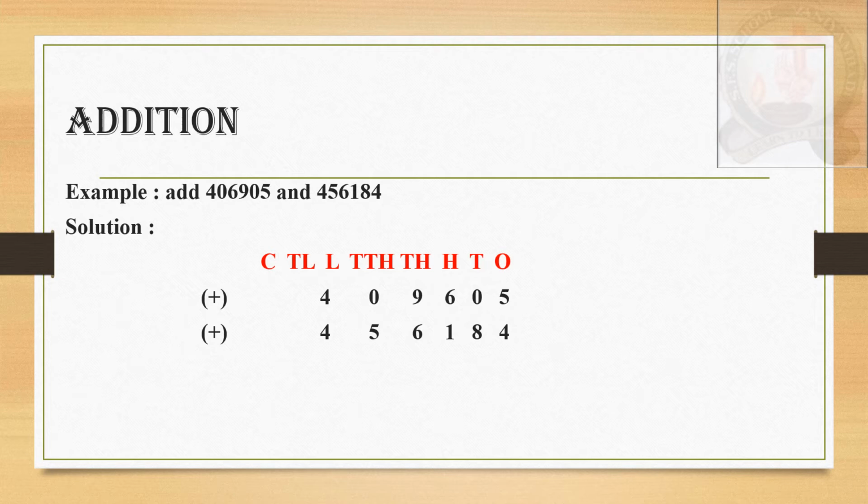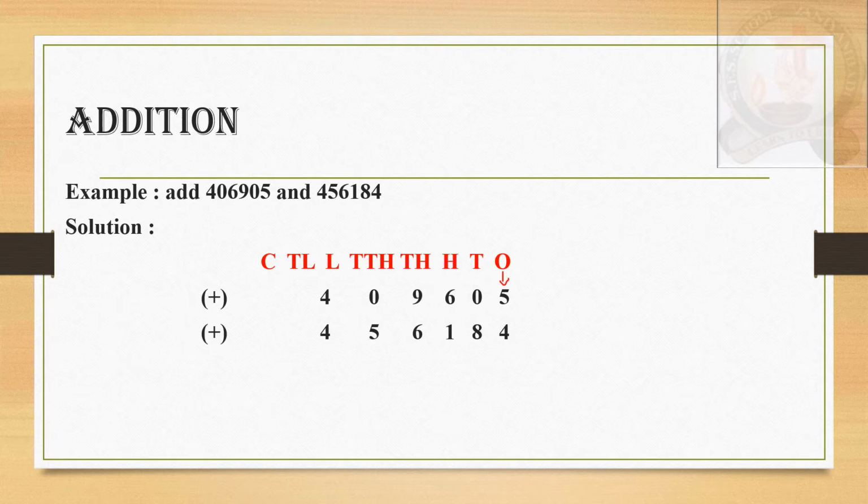When we have numbers to add, first we should start from the ones digit onwards, from the small digits, I mean from the rightmost digit. The rightmost digit is the ones place. We should start from the unit digit.